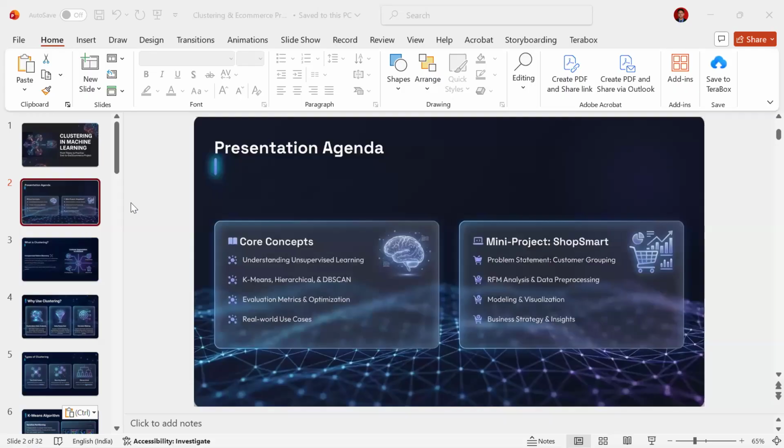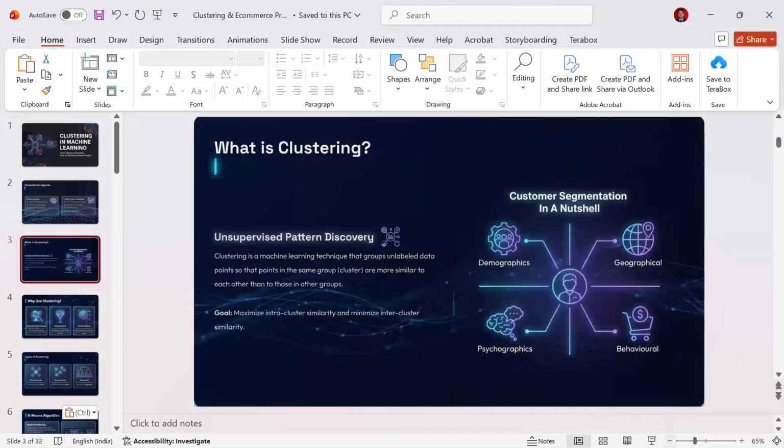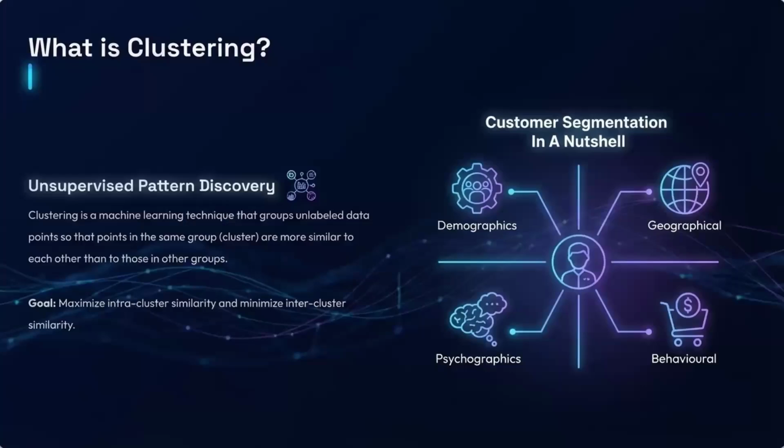Are you able to see my screen? Clustering is an unsupervised learning algorithm which tries to create a set of clusters or groups where the intra-cluster similarity is high and the inter-cluster similarity is low.